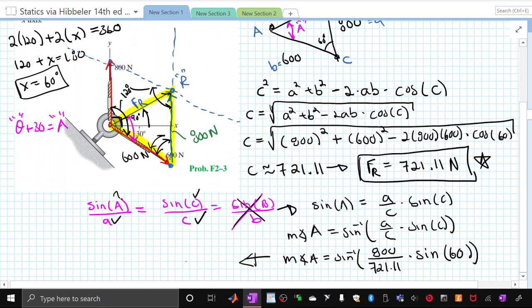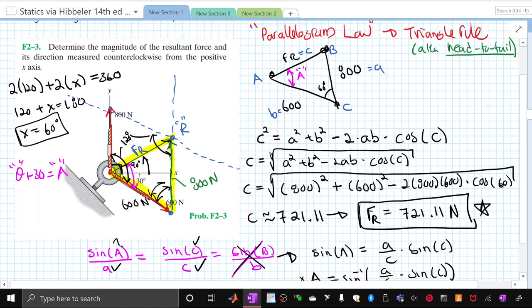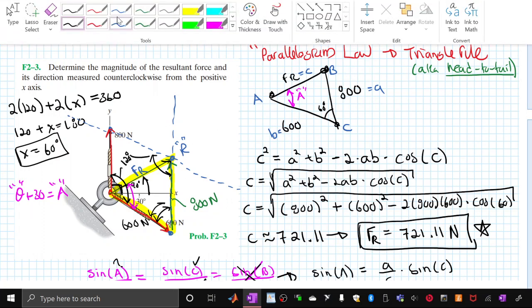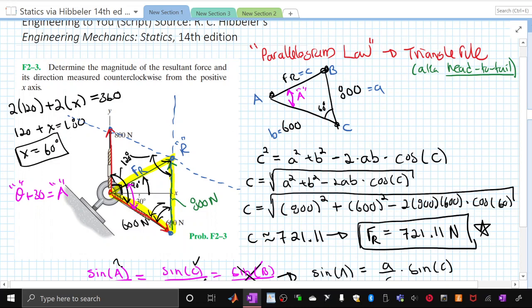So if you perform this calculation, the measure of angle A is approximately 73.898 degrees. Now, this angle A, remember, is the angle that ranges from these two sides, look at the pink arrow, because I don't want to draw anymore.